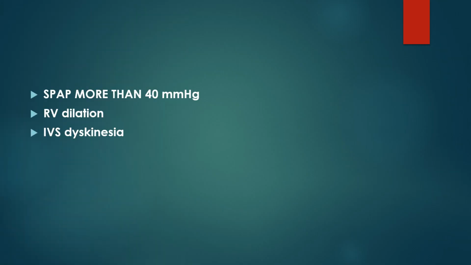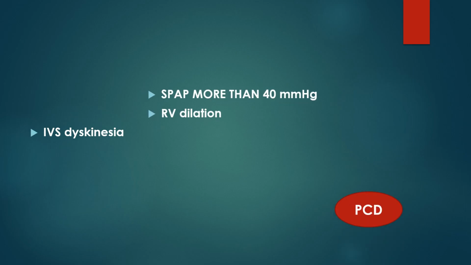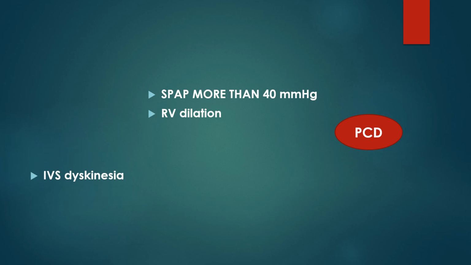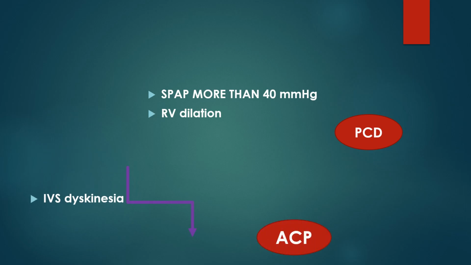There are two subsets of pulmonary circulation dysfunction here. First, if you have systolic pulmonary artery pressure increased more than 40 with RV dilation alone, we call this pulmonary circulation dysfunction. If there is RV interventricular septum dyskinesia or flattening of the septum between RV and LV, which moves paradoxically toward the LV, we call this acute cor pulmonale.